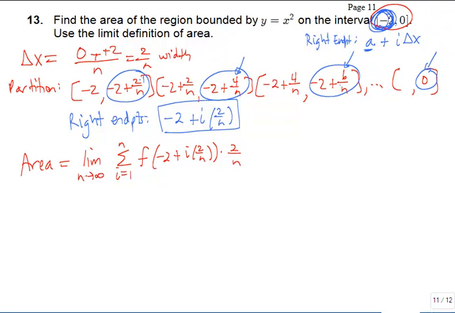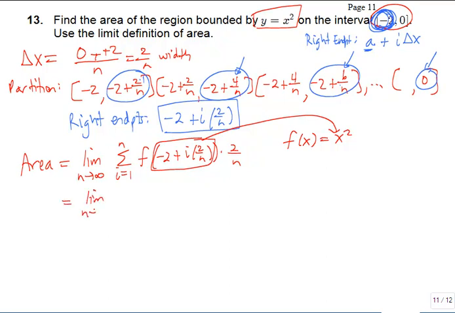Okay? So next thing that we do, now that we have our formula, is we need to use our function. So this is your f of x. f of x is x squared. So I need to take all of this. This is now going to become my input into that function. I need to substitute in that right endpoint into that squaring function.